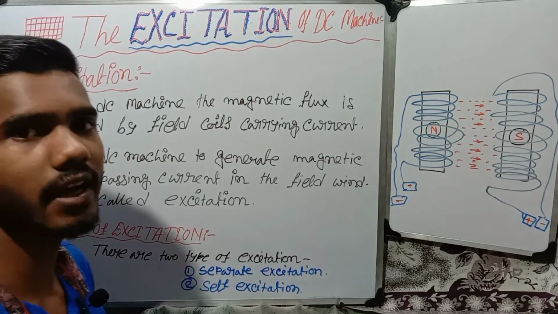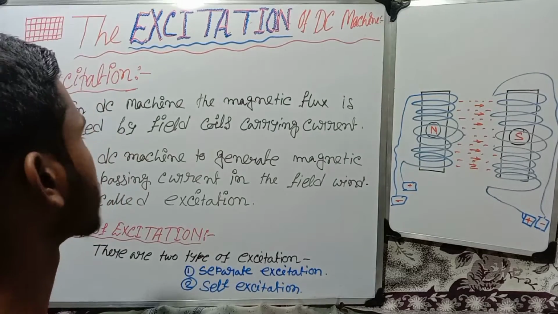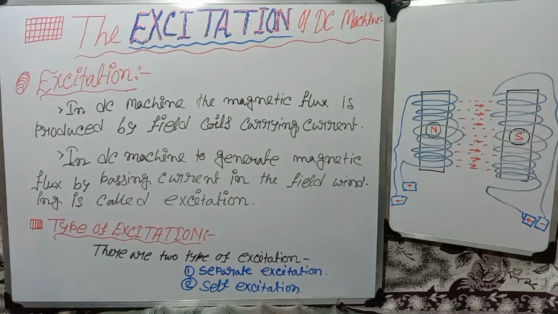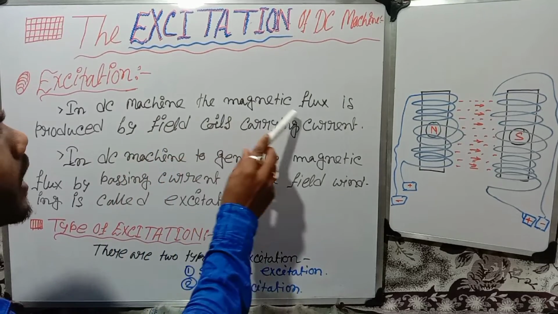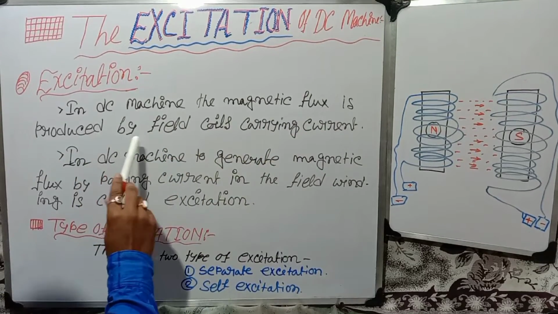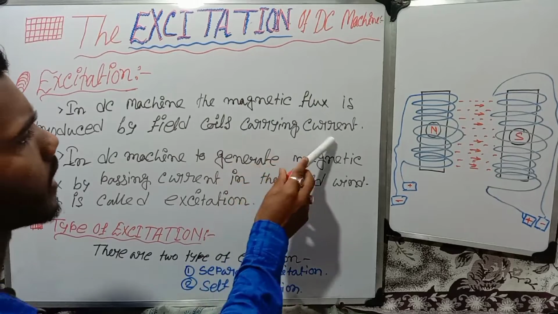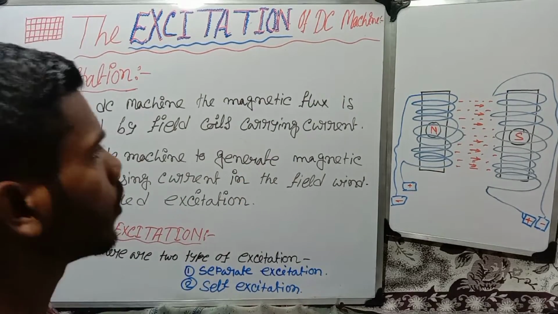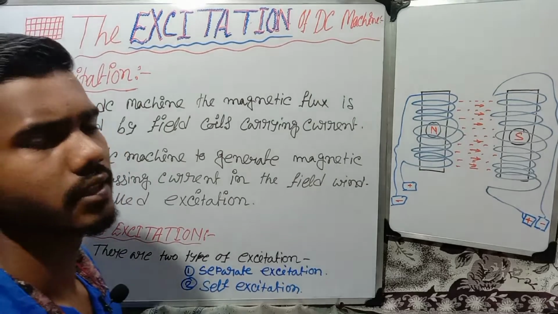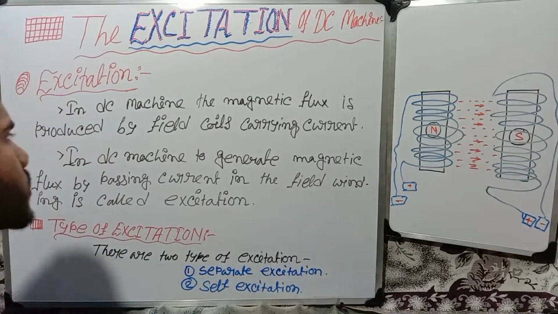excitation. What is the excitation of DC machine? We can see in DC machine the magnetic flux is produced by field coils carrying current, right? When current flows through the coil, then the magnetic flux is created.